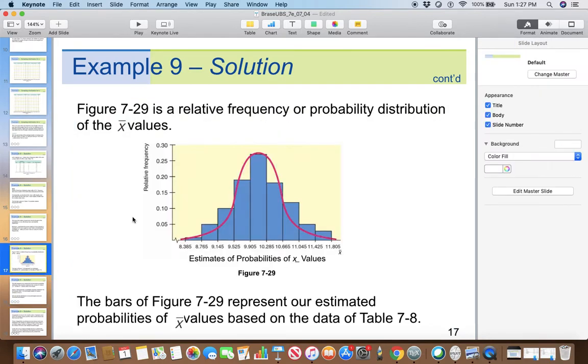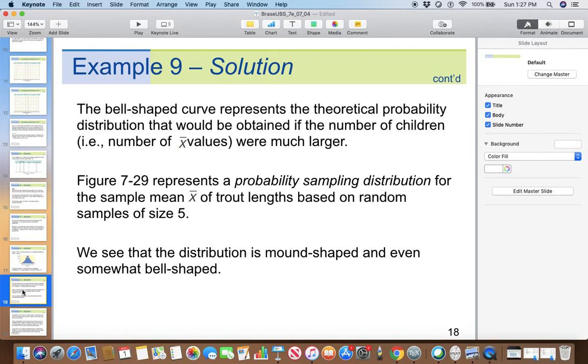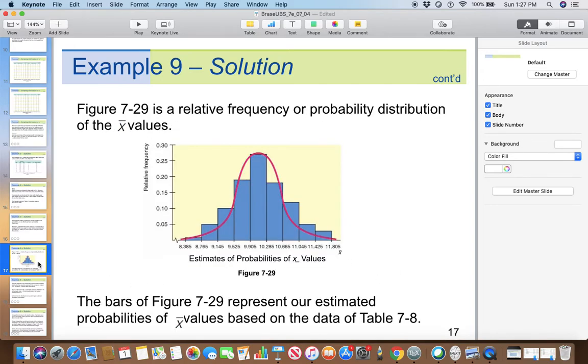We drew this frequency table using samples of size 5. We see that the distribution is mound shaped, even, and somewhat bell shaped.